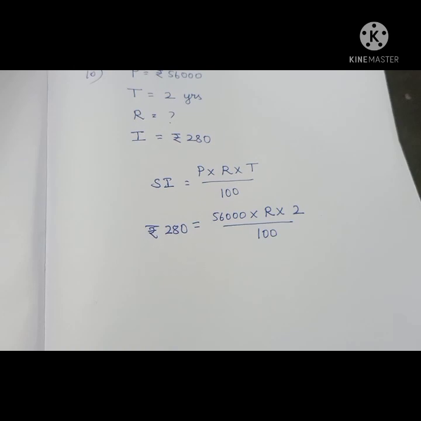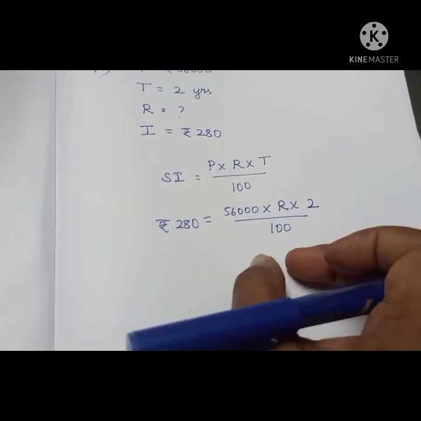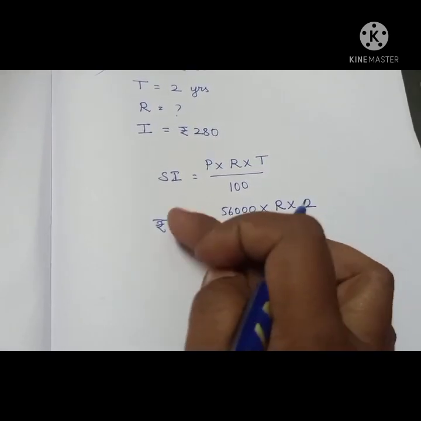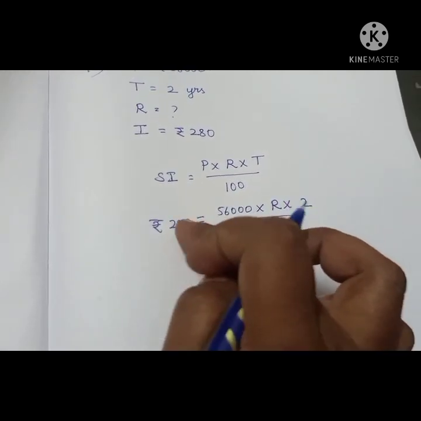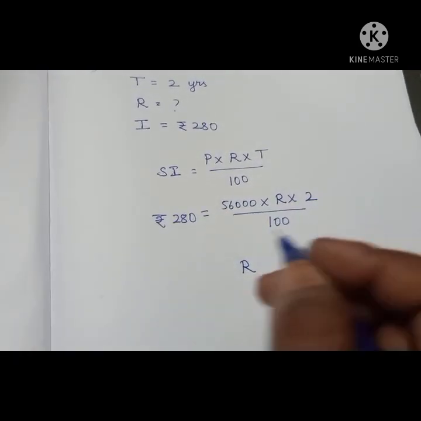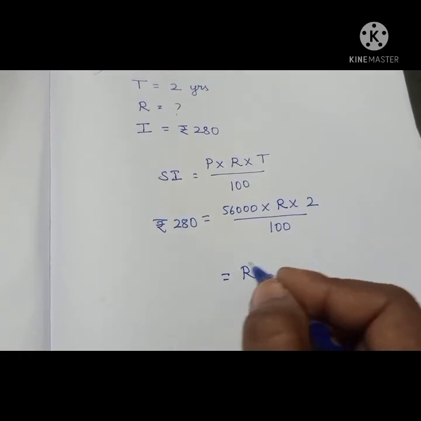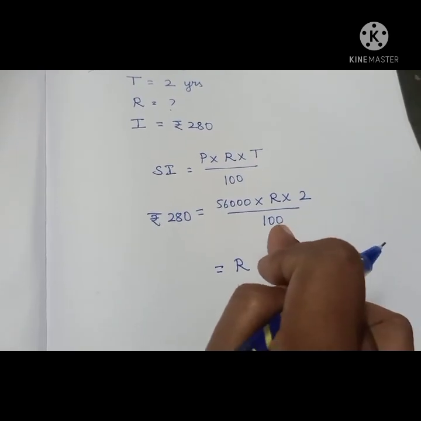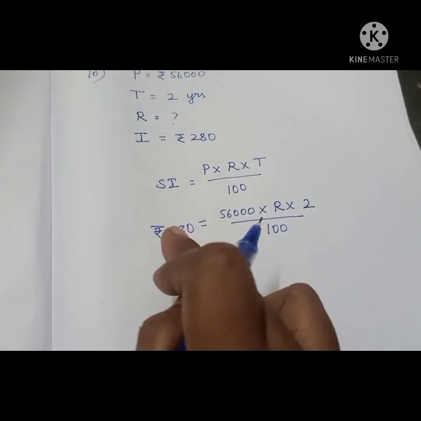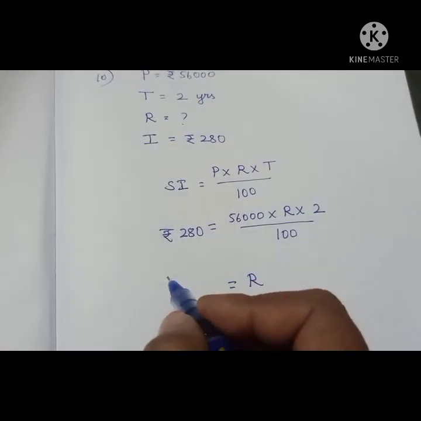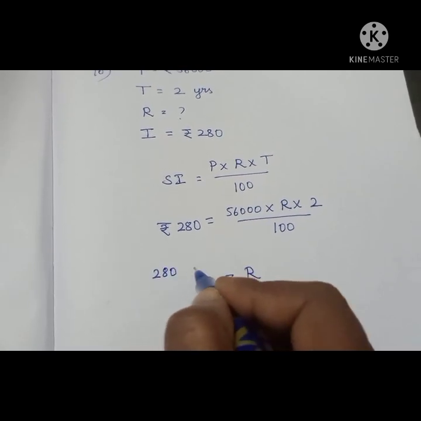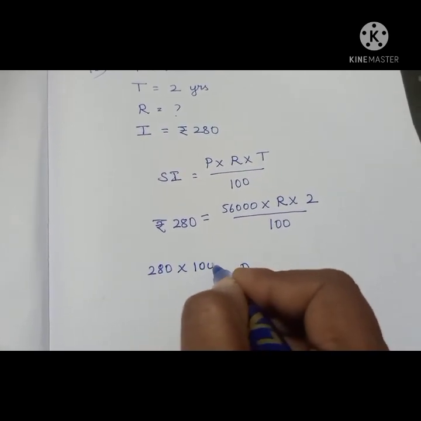Keep R as it is on one side. We will use the transposing method, as we do in equations. Here 100 is in division form; when transposing this 100, it will go as multiplication. So already here 280 is there, into 100.